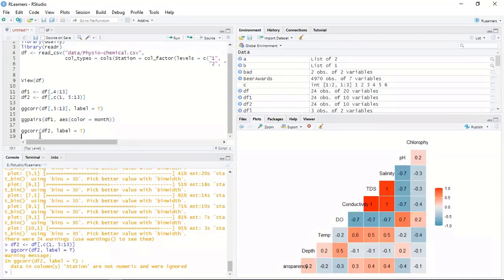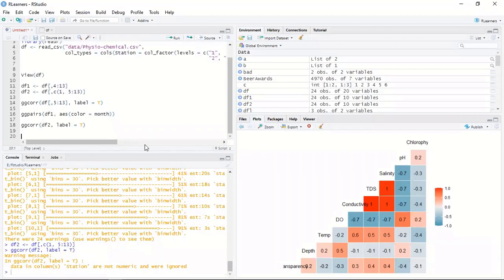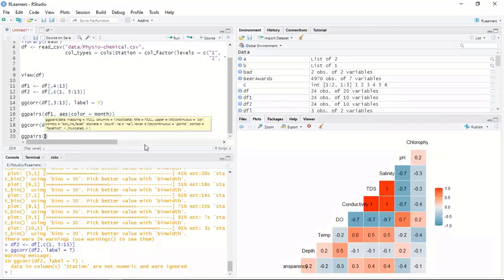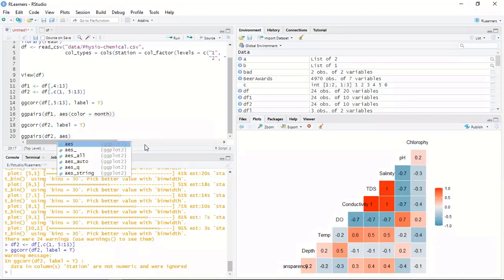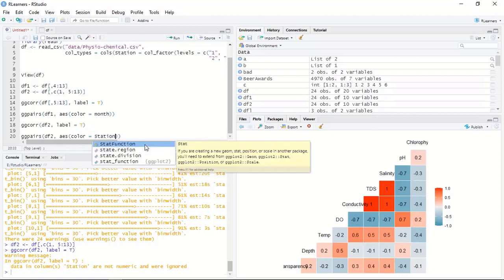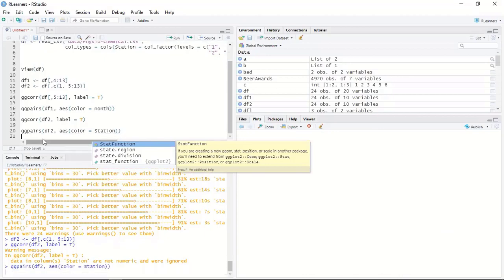Okay, so that is it. Now let's have ggpairs. So DF2, and let's put aesthetics, and color equals the station. We'll choose the station. So let us run that, see what happens.